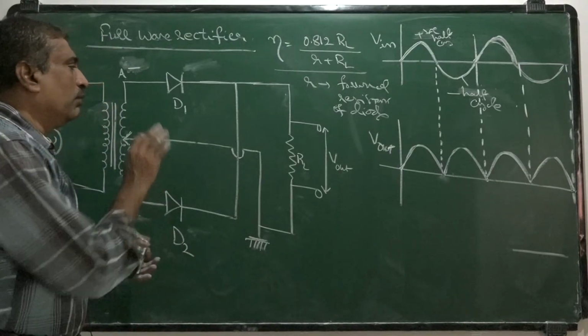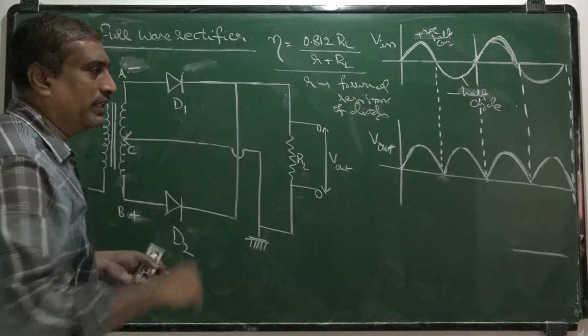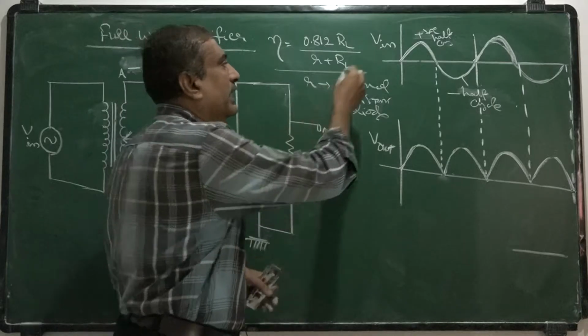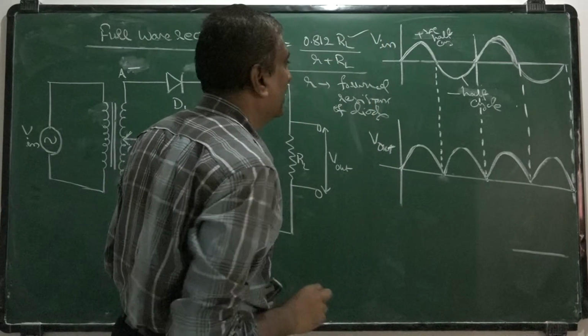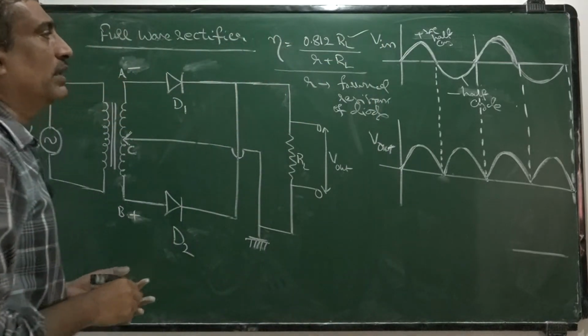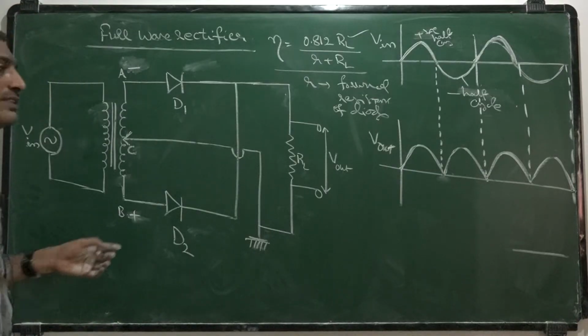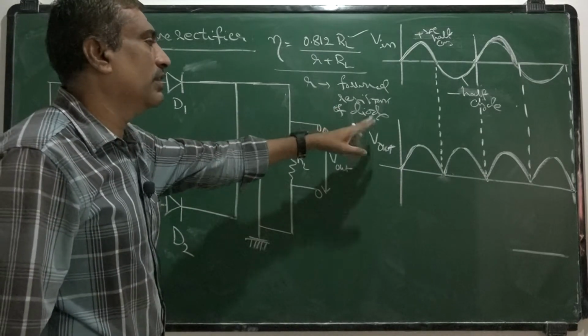In that way both half cycles are rectified, so it is a full wave rectifier, and its efficiency is given by 0.812 RL by r plus RL, where RL is the load resistance and r is the forward resistance of the diode.